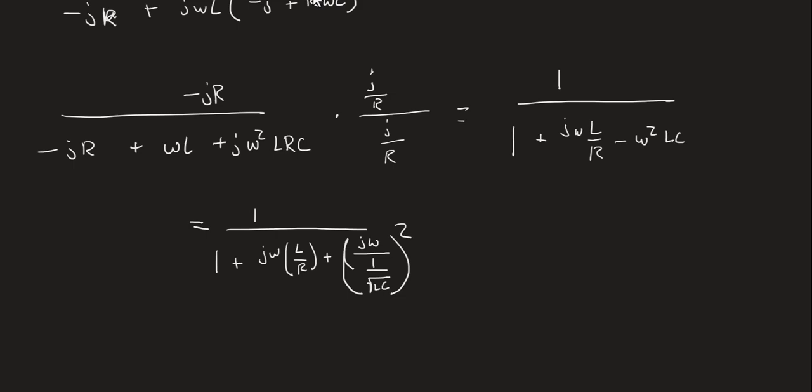If I check that out, if I square that, that becomes j squared omega squared over 1 over LC. When you divide, you multiply by the reciprocal, so j squared is minus 1, that's minus omega squared LC.